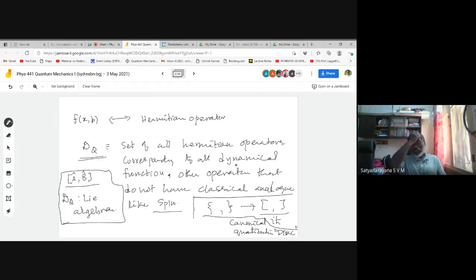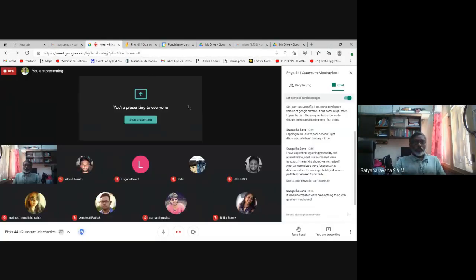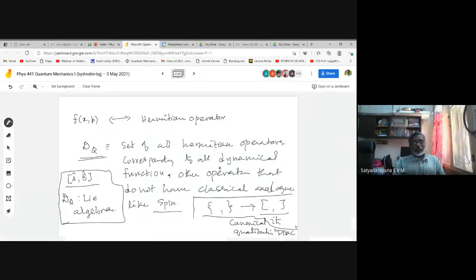Wherever there is a classical correspondence, there we have this x p have to be honored, and we have to find the corresponding operators in quantum mechanics. Now, this structure is something at this level. You have both quantum mechanical properties and classical properties, all of them at a very abstract level, they are just Lie algebra.